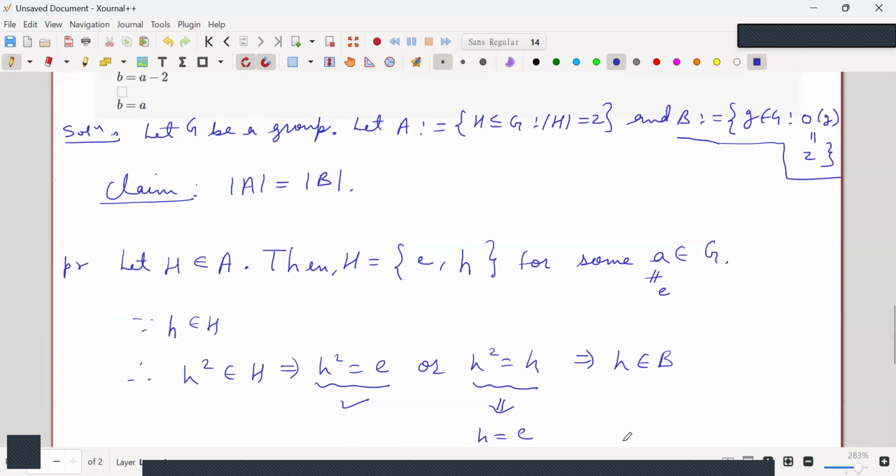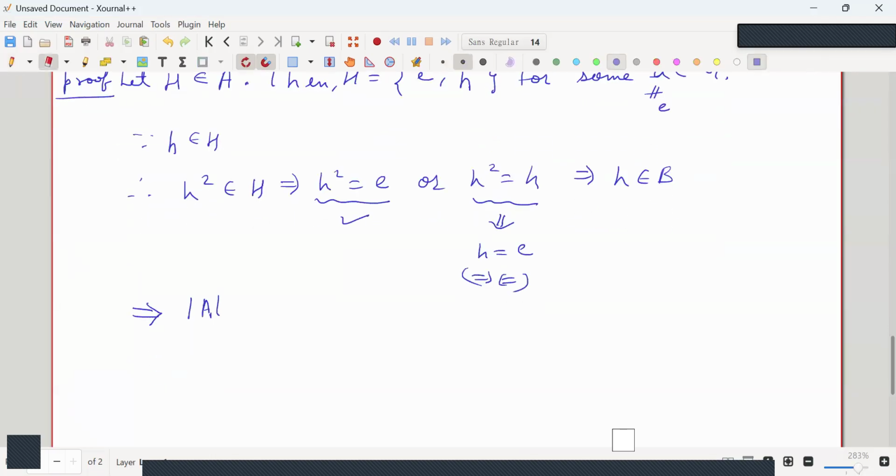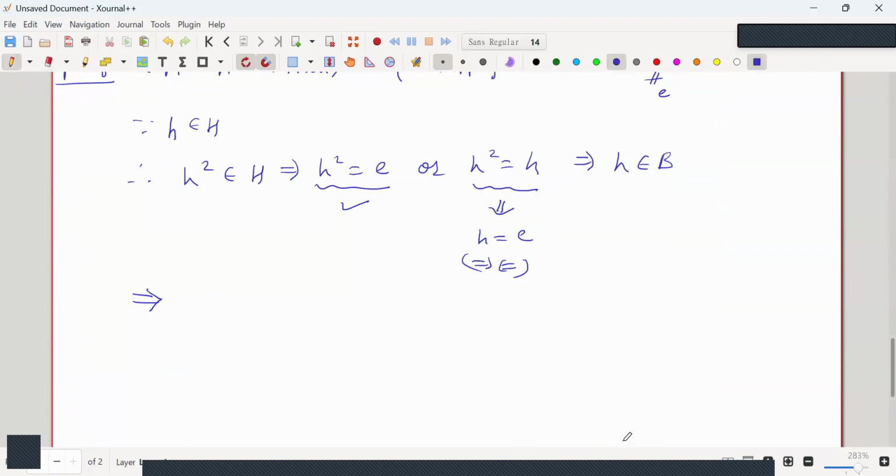Okay. So here is a proof of this claim. For any H inside A, we find an element h inside B. So this implies size of A is, or if you want, I can be a bit more rigorous.